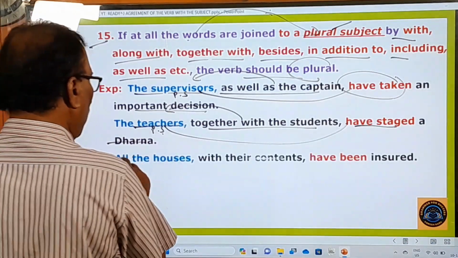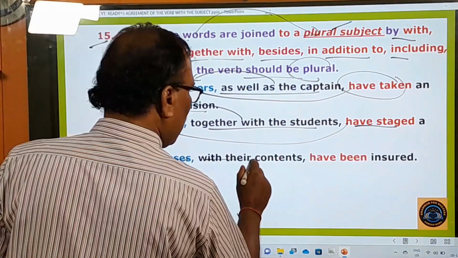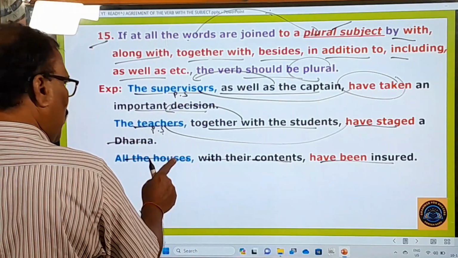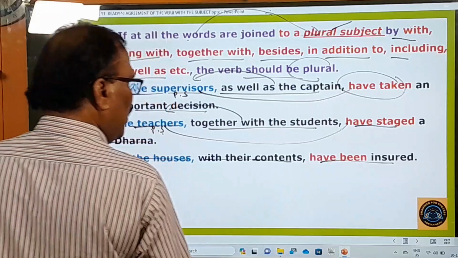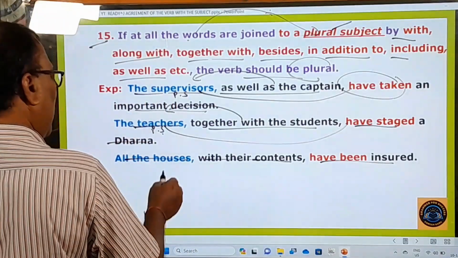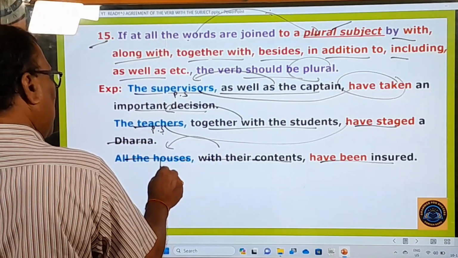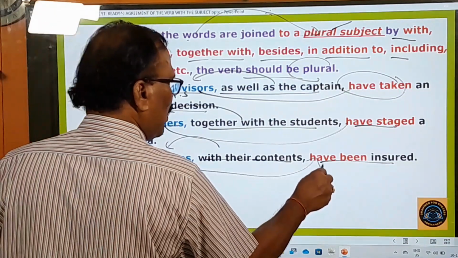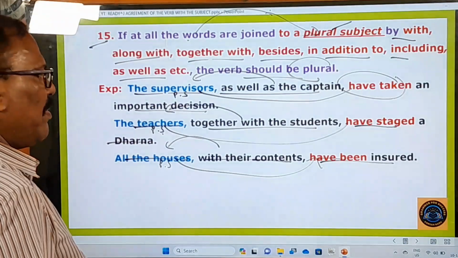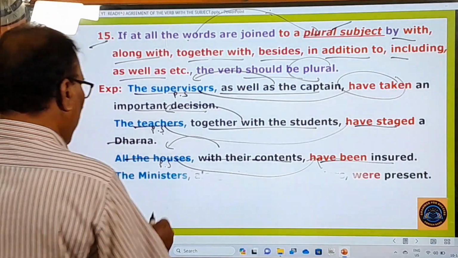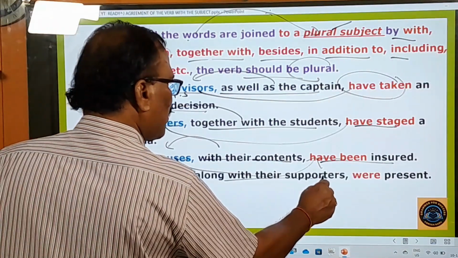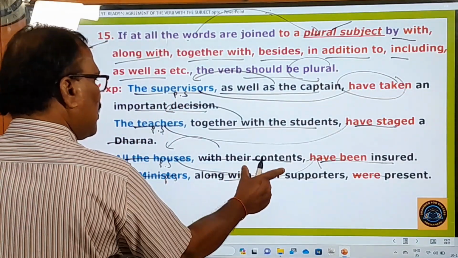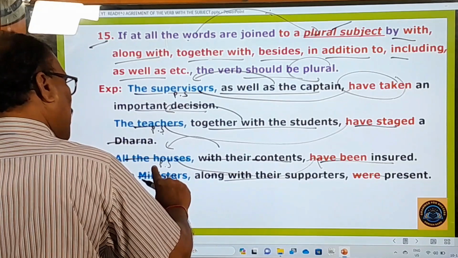And here, all the houses with their contents have been insured. Here these words are attached to the plural subject, and since this subject is plural, we use only the plural helping verb, have been insured. The ministers along with their supporters were present. So the ministers is a plural subject, and this matter is attached to the plural subject.